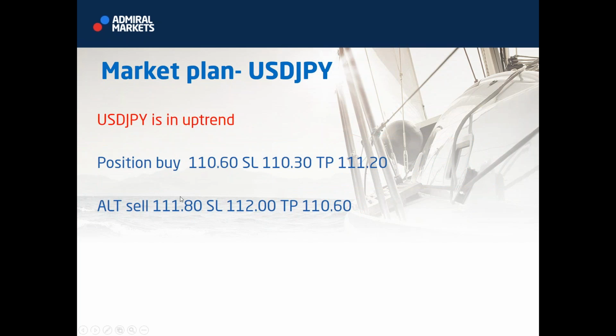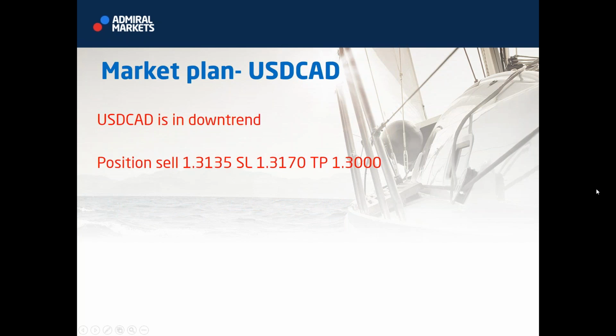Okay, but dollar yen, guys, this is close, and SP 500 is close to resistance. Probably Asian session will give you some movement, so pay attention, also if you have the possibility to trade the Asian session. Dollar CAD is also, I'm looking to short it.